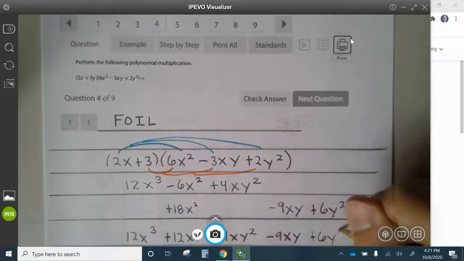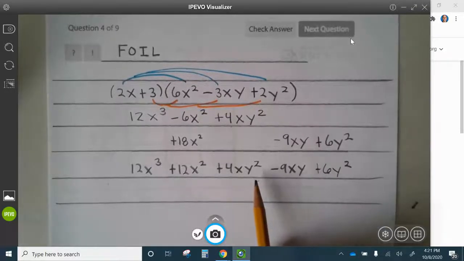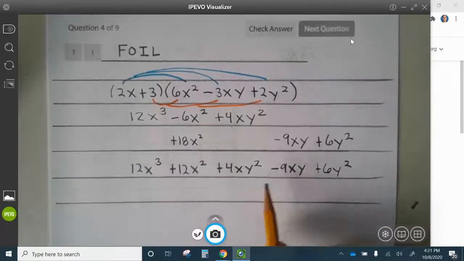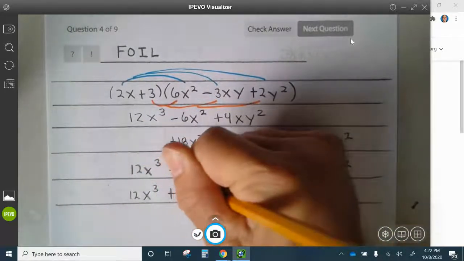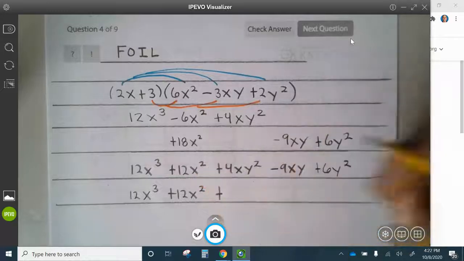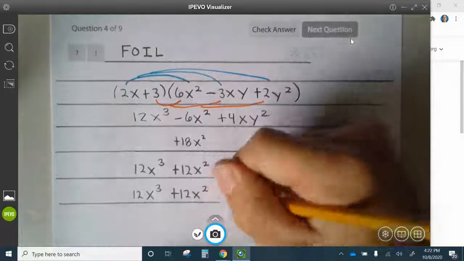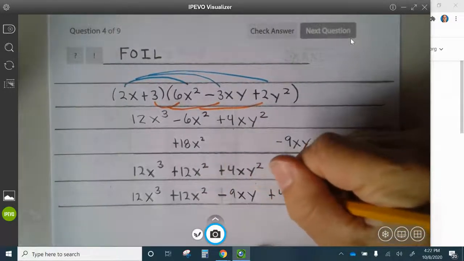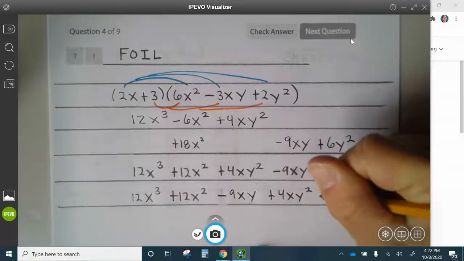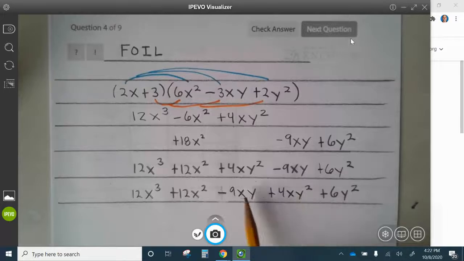If you put this in and it doesn't accept it, my thought would be to write this 12x cubed plus 12x squared, oh wait, I'm sorry, minus 9xy plus 4xy squared plus 6y squared, because these squareds are higher, so you go in that order. I'm questionable, but I would think that they would accept either one of those, but if there's trouble, just let me know.